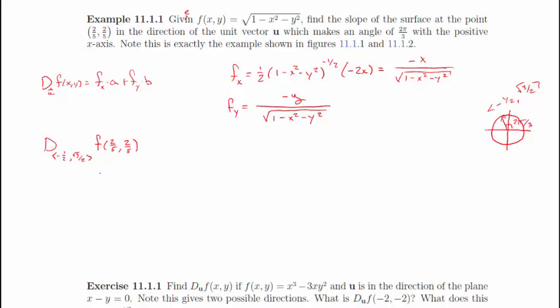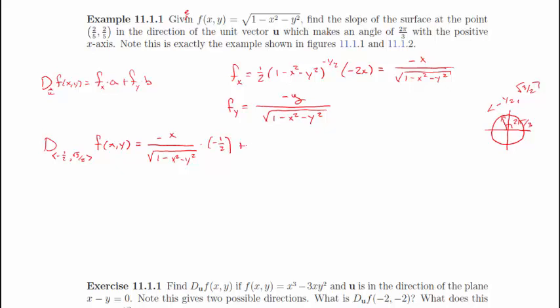Before I get to this specific, I'm actually going to go back and just say, what's the directional derivative in that direction for any x, y? So this is going to be f sub x, negative x over the square root of 1 minus x squared minus y squared, times a, which is negative 1/2.